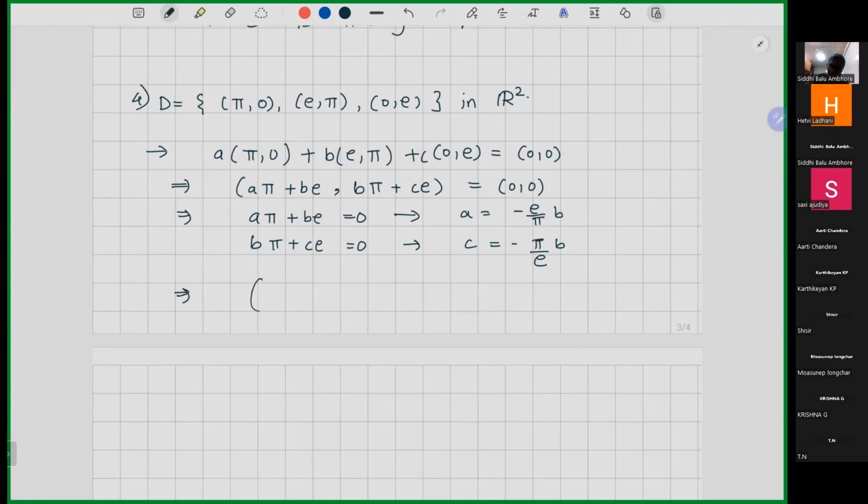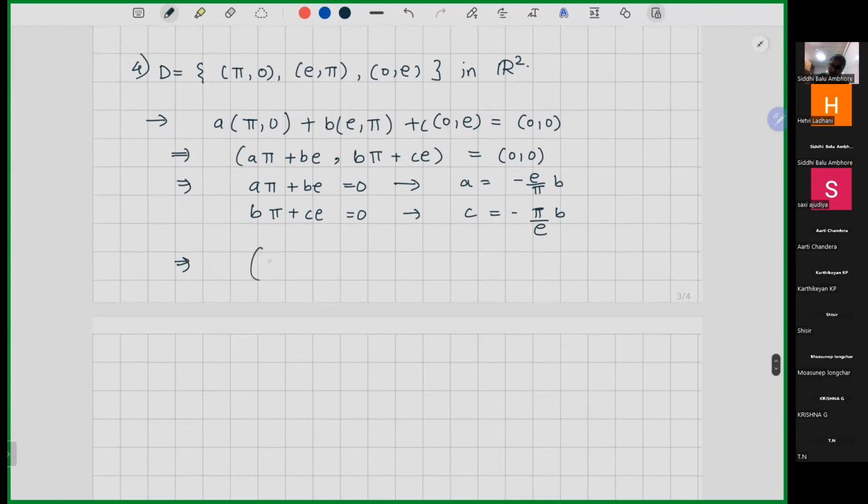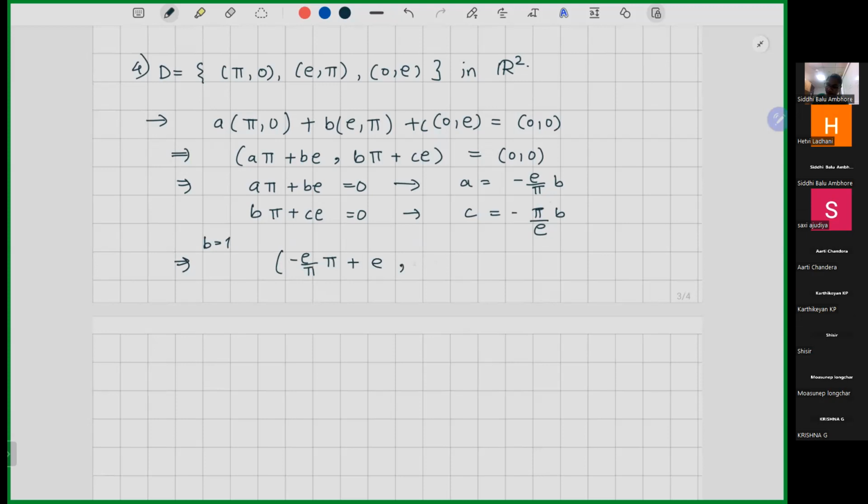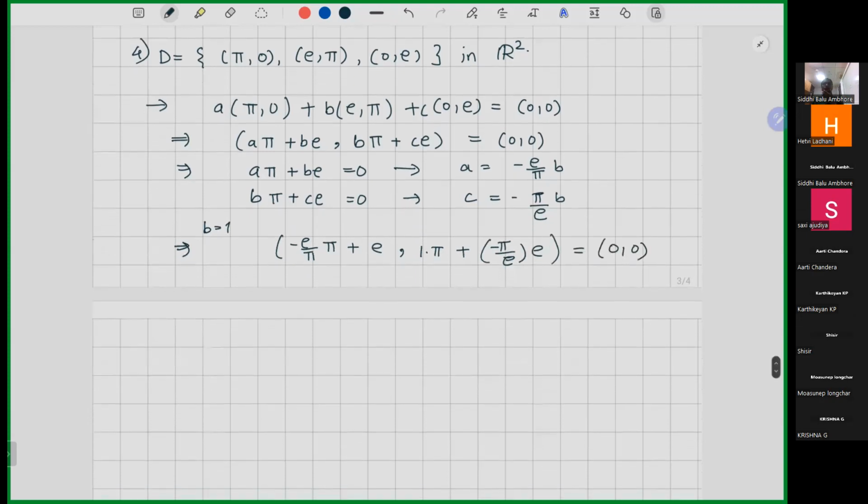And if we take this b to be 1, then I can have this linear combination: a is minus e by pi, into (pi, 0), plus b is 1, into (e, pi), plus minus pi by e into (0, e), and this will be (0, 0).